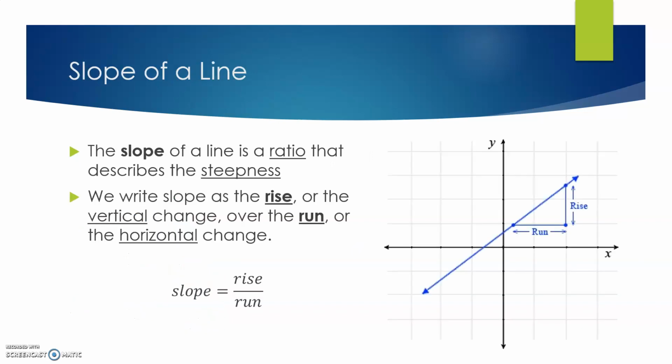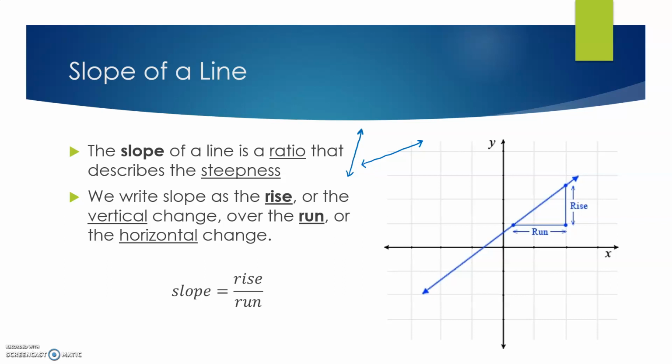So like I said, today we're talking about slope. And slope is really a ratio. Remember, a fraction is one way to write a ratio. And it describes the steepness of the line, how steep it is. So we have some lines that might be really steep, and we have some lines that might not be so steep. And it's just describing with numbers how steep a line is.